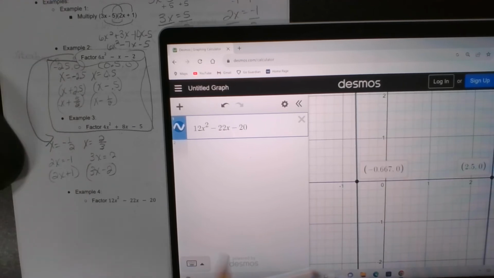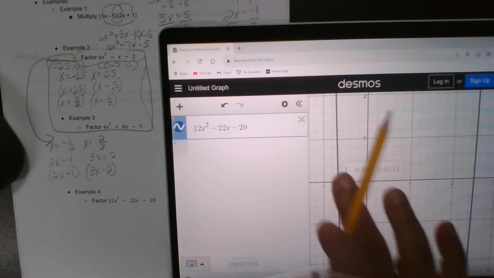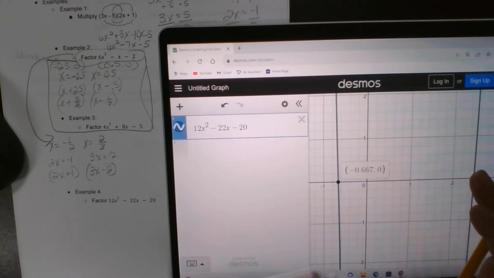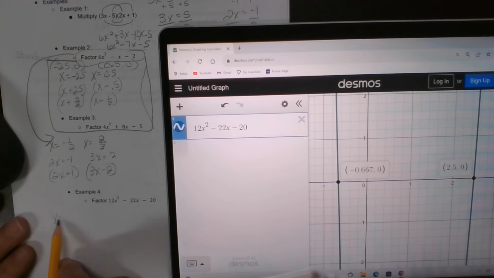Okay, so here's example 4. 12x squared minus 22x minus 20 gives me these two zeros. Let's see if I can scoot that over so you can see it good. So if I have x equals -0.667, which is -2/3, right?